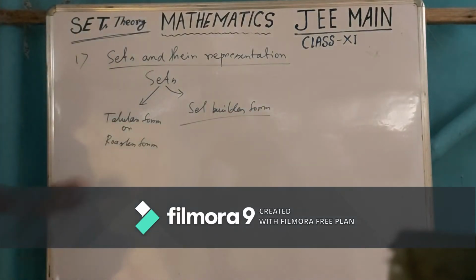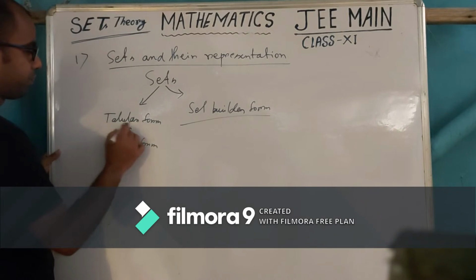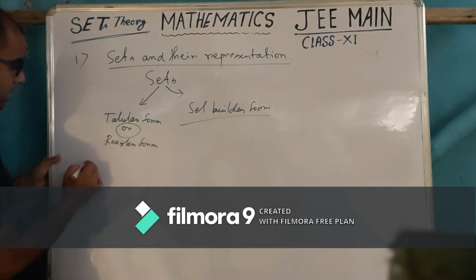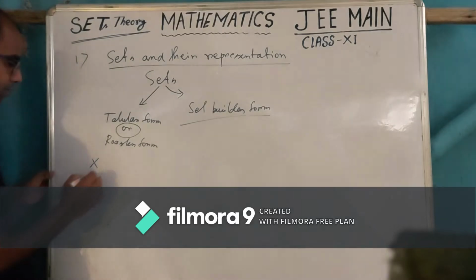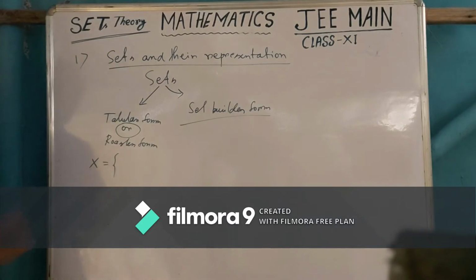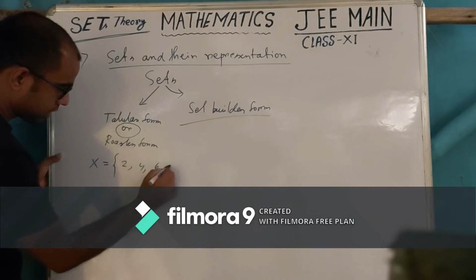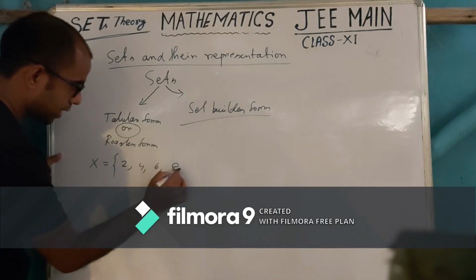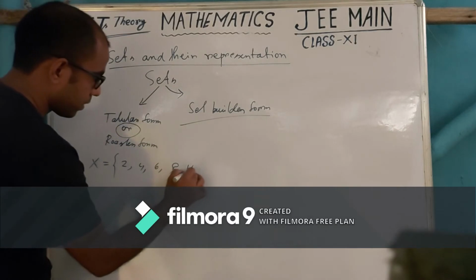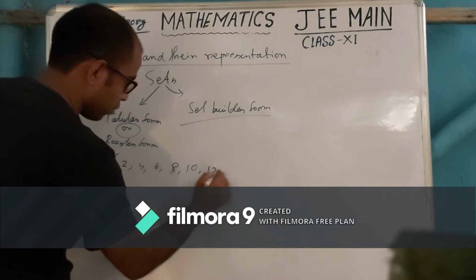First we discuss the tabular form. Suppose you consider a set X equal to 2, 4, 6, 8, 10, 12.